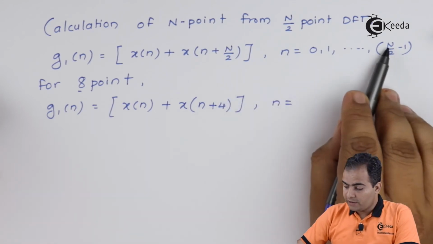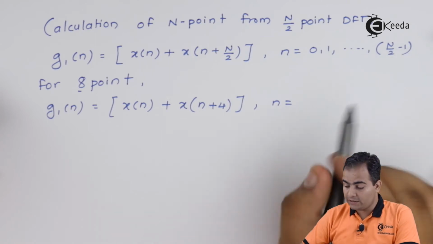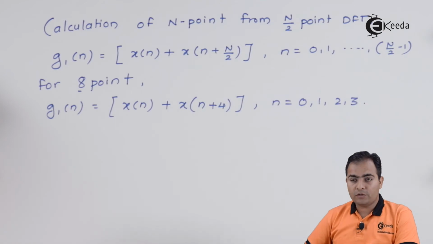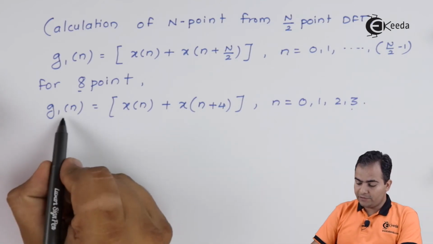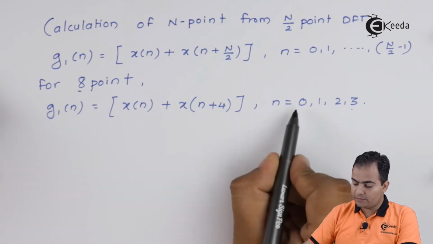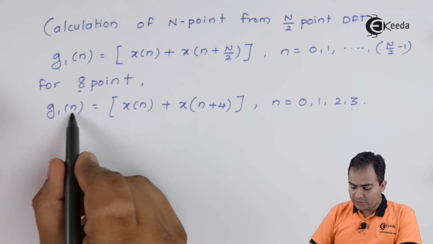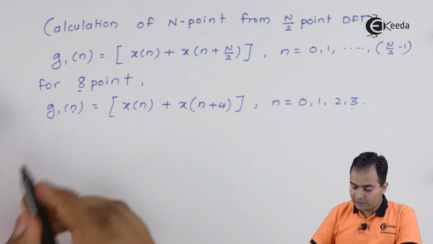And look at here, if I replace this n by 8, then 8 by 2 becomes 4, and 4 minus 1 is 3. So my n value starts from 0, but at most it will reach up to 3. Which means we can substitute my n values from 0 to 3. So let's see what will be the result after substituting n equals 0 to n equals 3, all the samples in this equation.